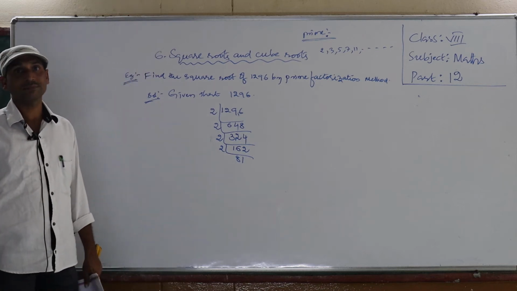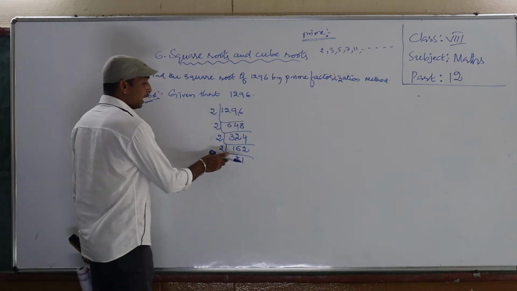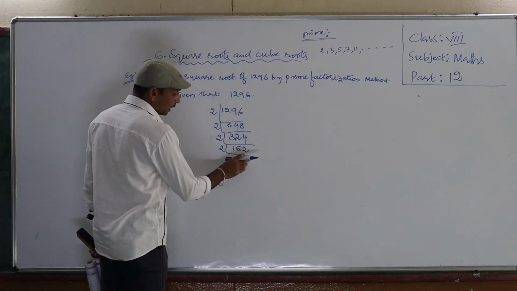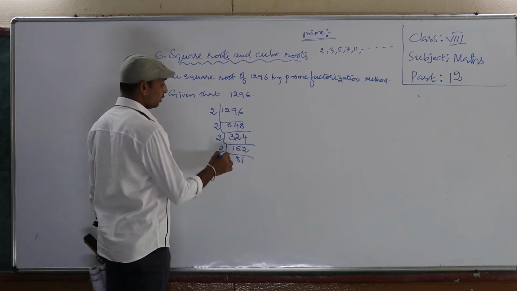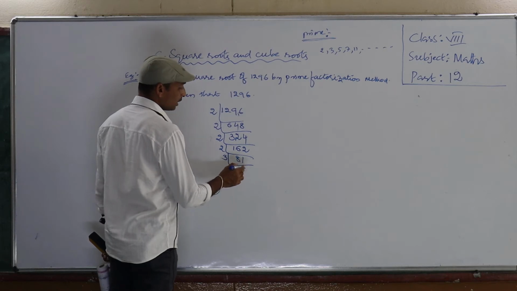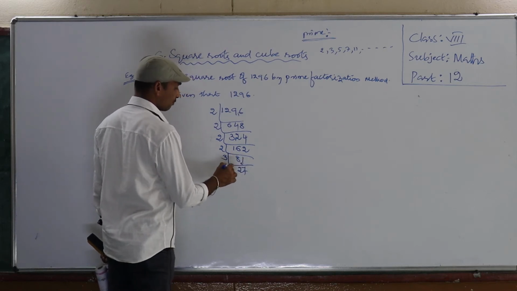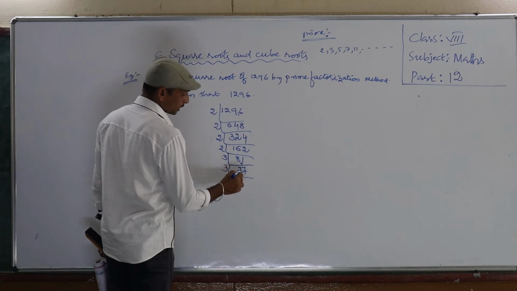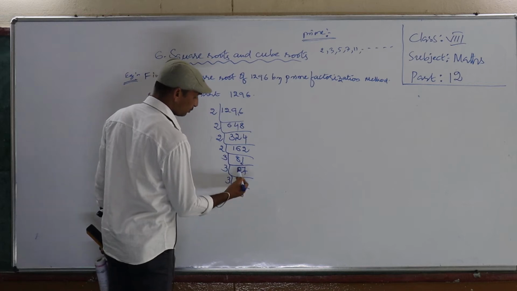81 we are getting. So 81 will not come in the 2 table. So take 3. 3 2s are 6, remaining 21, 3 7s are 21. Again the 3 table, 3 9s are 27. Again the 3 table, 3 3s are 9.